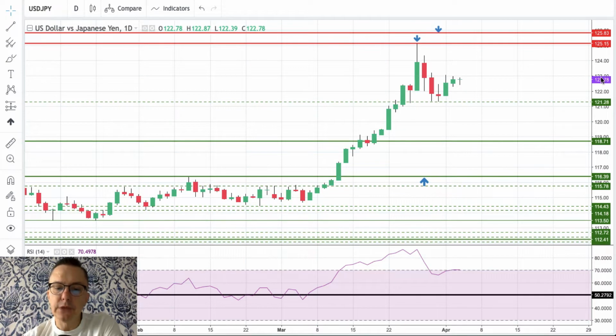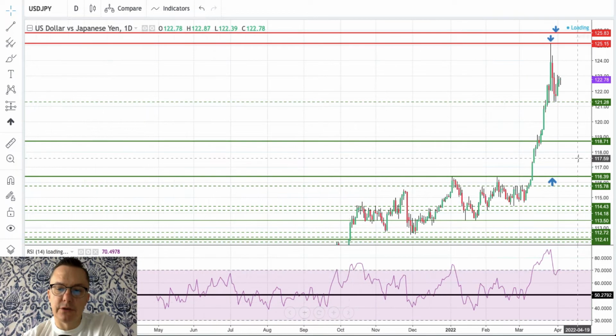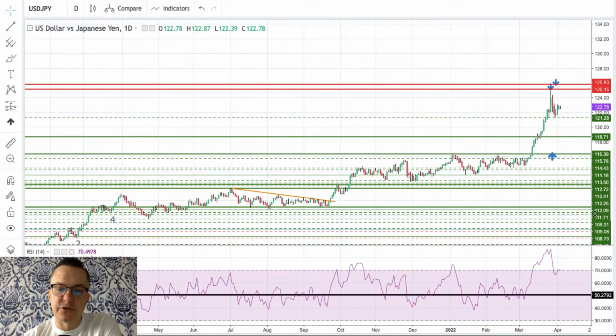So the overall trend on the US dollar to Japanese yen is of course up. However, after such a big up move here, we should expect the market to consolidate these gains above 121.28 for quite some time, because if we take a look at what is going on here, we can see almost a straight line to the upside, right?